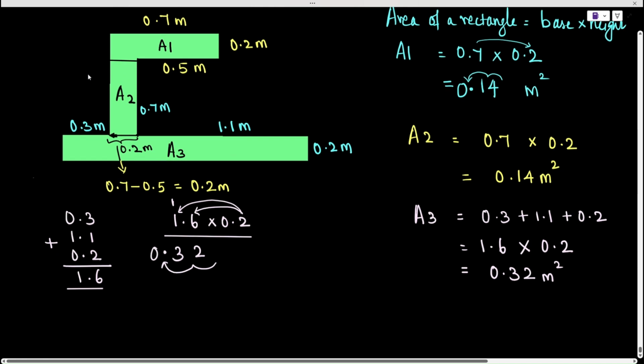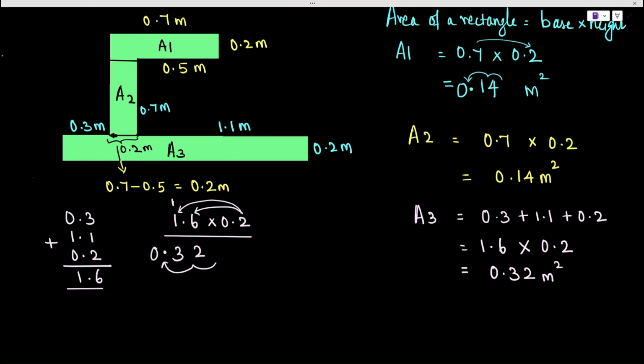Now what we have to do is, since we're finding the area of the whole shape, we have to add our 3 areas together. So area 1 is 0.14 plus area 2, which is also 0.14, plus area 3, which is 0.32.